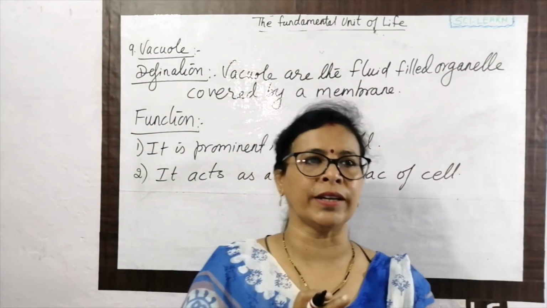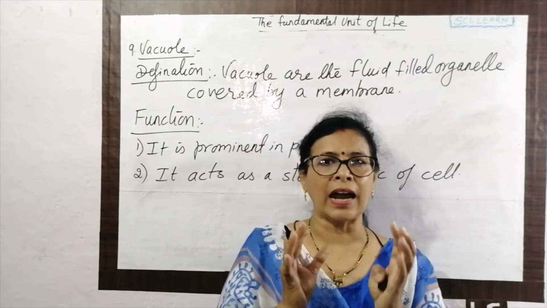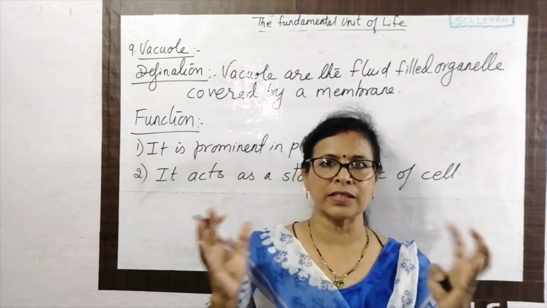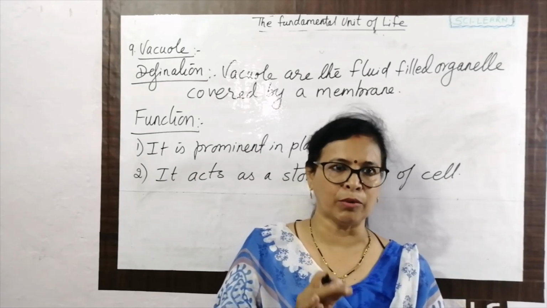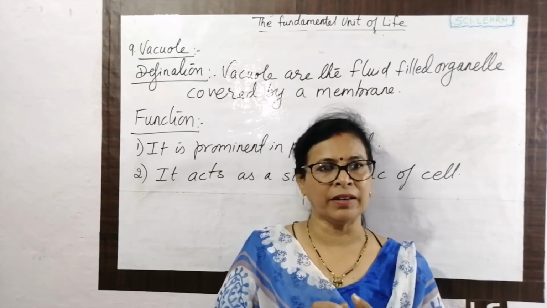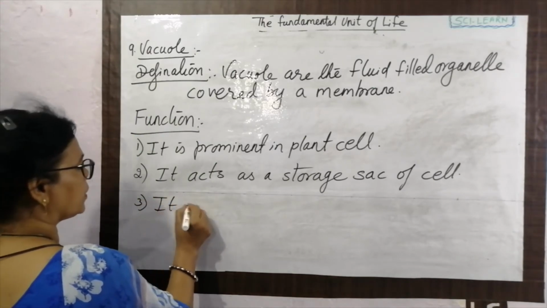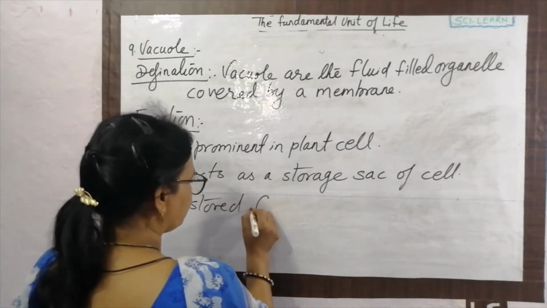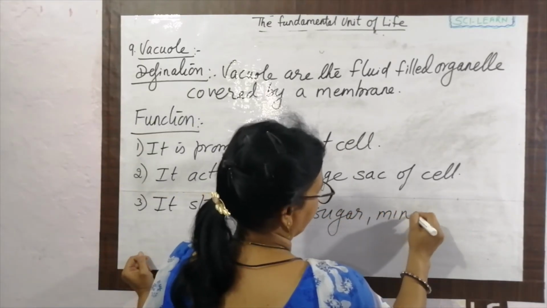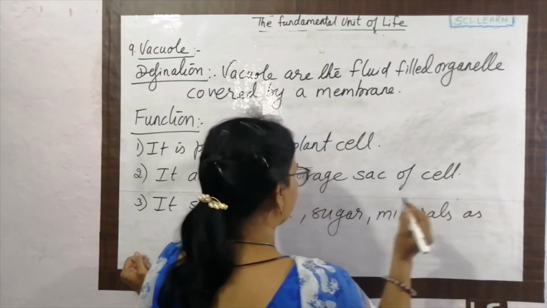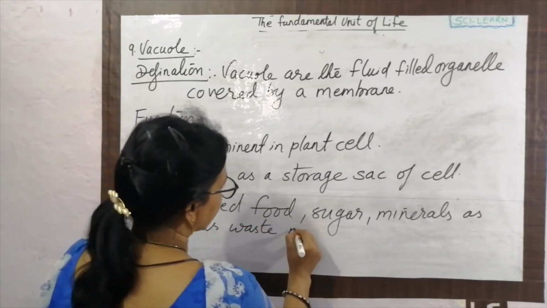Storage means keeping something stored. It is prominent in the plant cell and it acts as a storage sac of the cell, like a pocket that collects and keeps many things. Whatever substance is collected in it may be food, water, sugar, various minerals, as well as waste material.